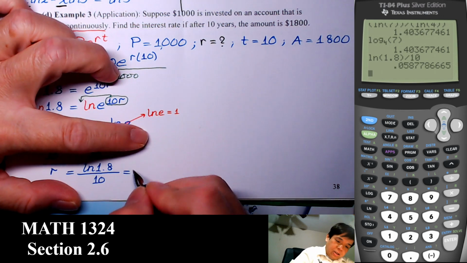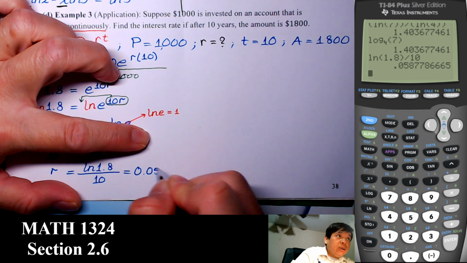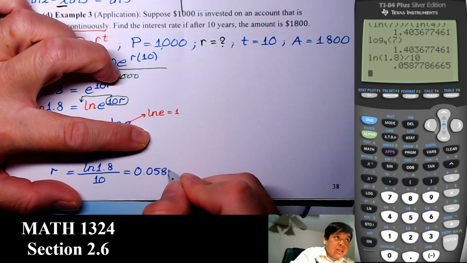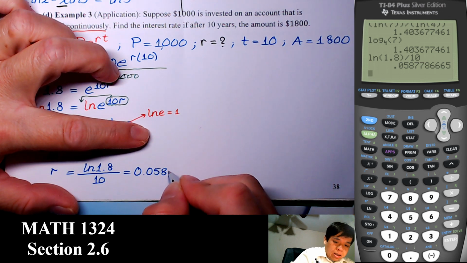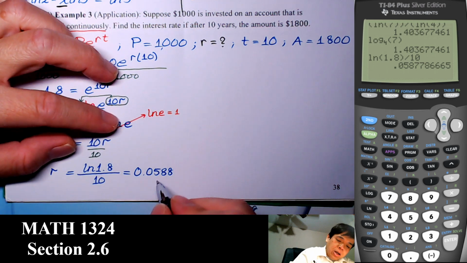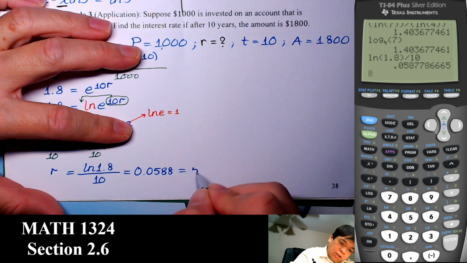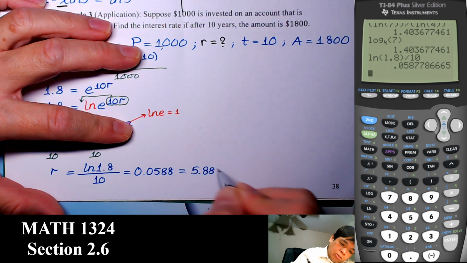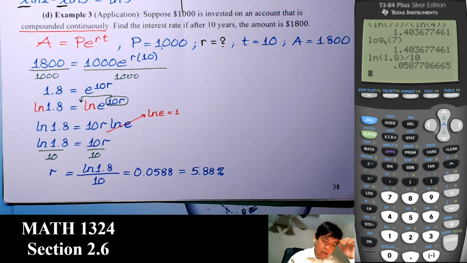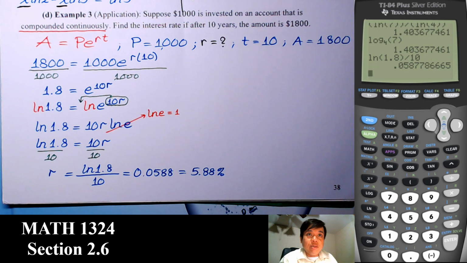Now we have 0.0588 and so on. So that is 5.88%. This question does ask for rate, so that looks reasonable. So that's what we have.